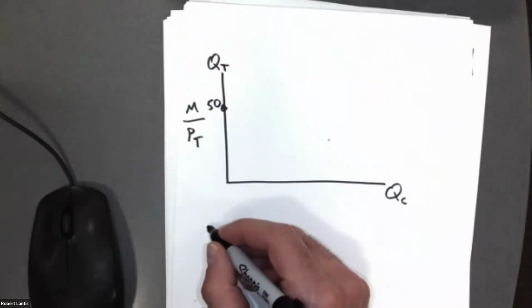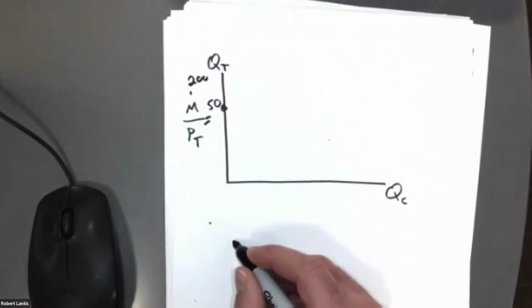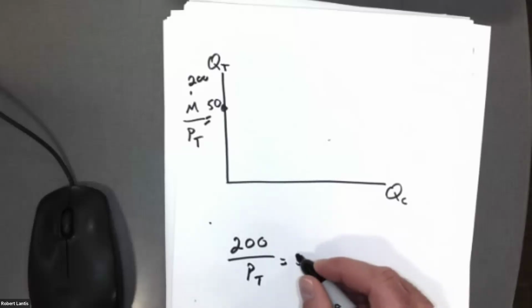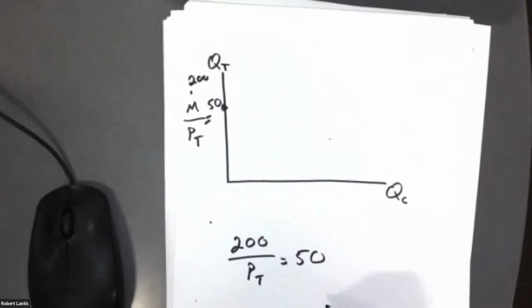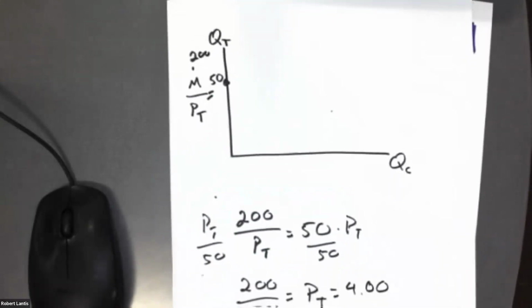And I told you that income was 200. So really you've got 200 over the price of tea should give you that quantity of 50. Just a little bit of algebra. Multiply both sides by the price of tea, divide both sides by 50. We would have price of tea equal to $4. Okay.